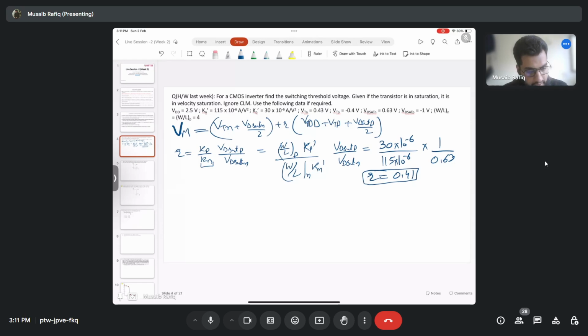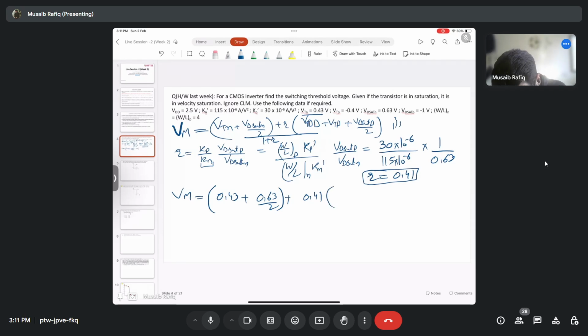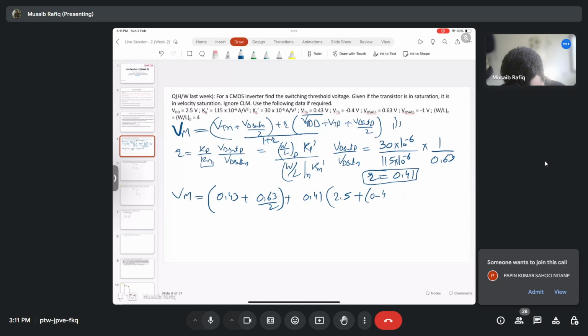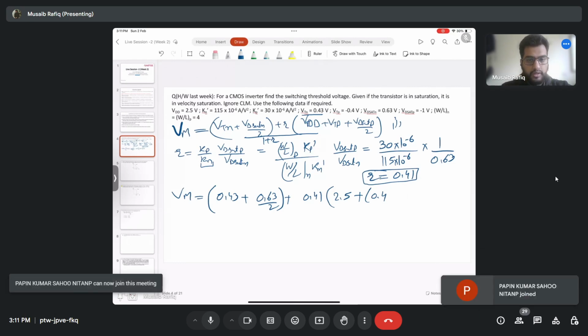Kindly cross check it. Now plugging this R value in equation 1, and also the other variables, so Vtn is 0.43, Vd sat n is 0.63, so divided by 2, plus R is 0.41, and this was, nobody corrected me, this was 1 plus R, divided by 1 plus R. So 0.41, and VDD is how much? 2.5, plus VTP is minus 0.4 volts, and VD sat P is how much?